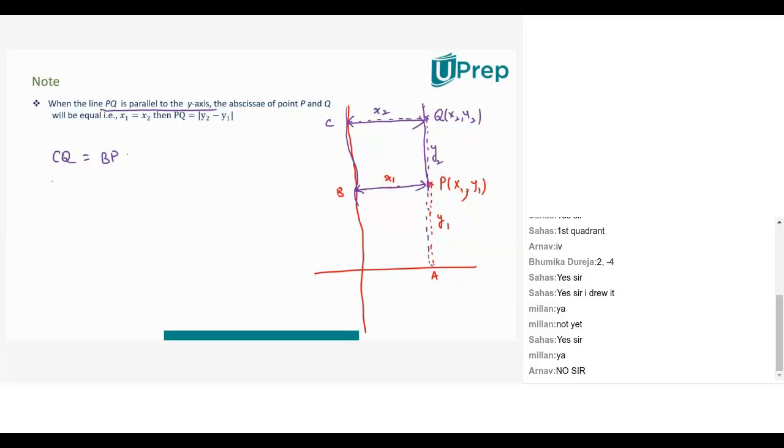Sir, so the abscissas are equal. My CQ is nothing but my x2 and BP is nothing but my abscissa x1. So the abscissa should be the same. Is this idea clear or no?